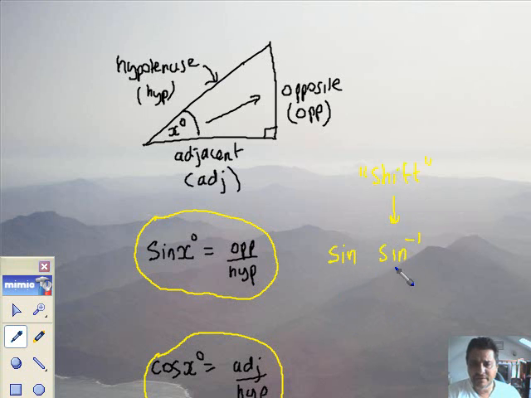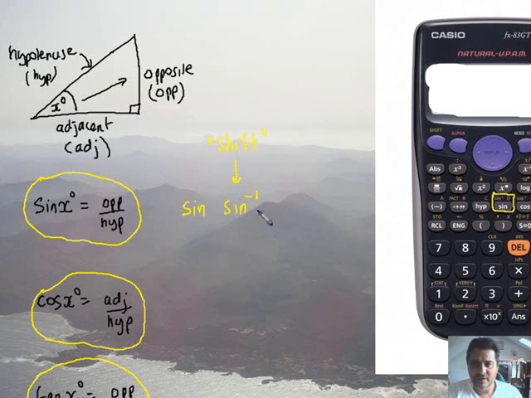So if you go shift and then sine minus 1, that is a function that we use in order to get the angle. Once we've calculated the opp over the hyp, we end up with a decimal, 0.73 whatever, and then we go shift sine, and then this minus 1 function is accessed. Basically, there's nothing mysterious about that little bit of writing above the sine button.